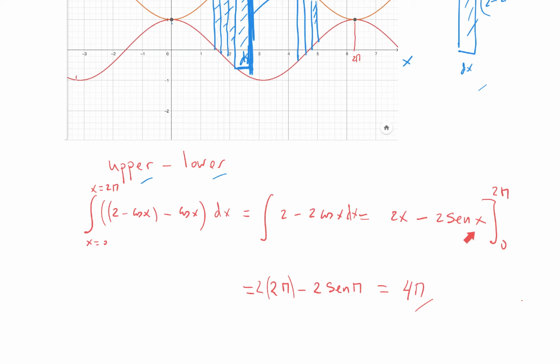Evaluate between 0 and 2 pi. At 0, sine of 0 is 0, so 0 is a good point for evaluation. At 2 pi it will be 2 times 2 pi minus 2 times sine of 2 pi, and sine of 2 pi is 0, so it will be 4 pi. Okay, and this is the area.